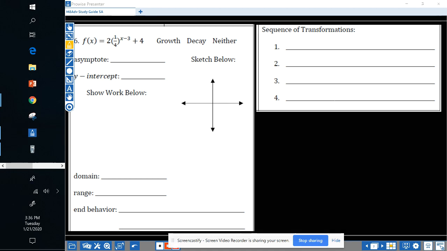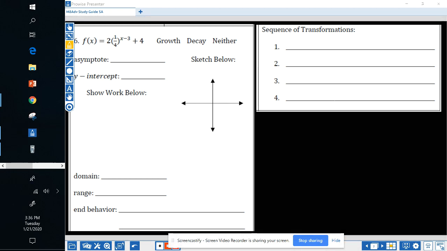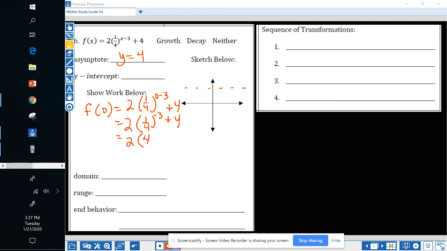Okay, let's take a look at the next one. Again, we have an asymptote of y equals 4. We have a y-intercept. We're going to plug in 0 for x. We have 2 to the 1 times 1/4 to the -3. When we have a negative exponent, we reciprocate the base.